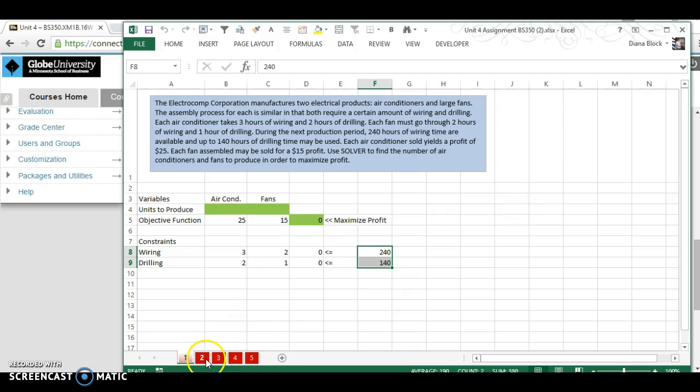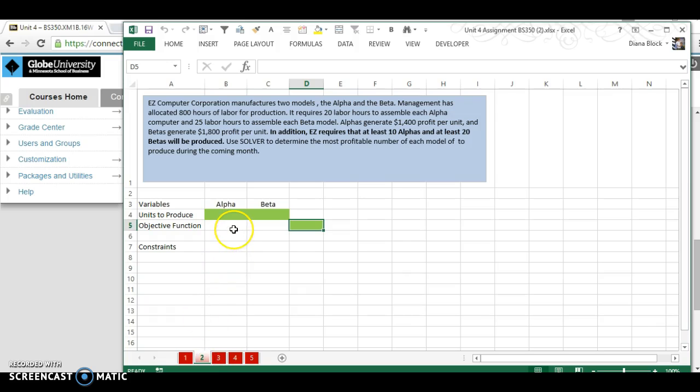So on each one of these problems, you've got a similar situation. In this one, you've got 800 hours of labor as your constraint. And you're trying to balance between these two types of machinery. And in this one, you also have a minimum amount of each item that you have to produce. I'm going to go ahead and look at this one as well.